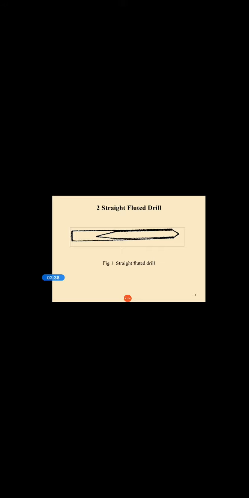On completion of this period, you will be able to know the different types of drills. The first one is straight fluted drill. Next is twist drill. So see here, this is a straight fluted drill. It has two straight flutes parallel to the drill axis and two cutting edges.